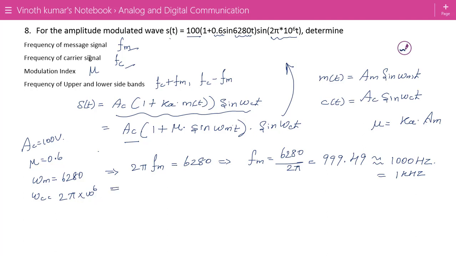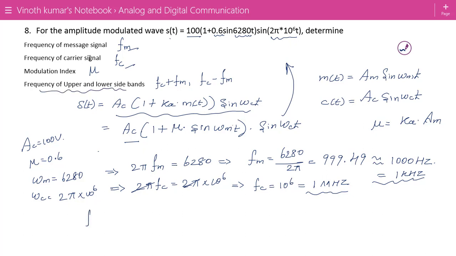And next, omega c can be written as 2 pi fc, which is equal to 2 pi into 10 to the power 6. So the 2 pi cancels, and directly fc is 10 to the power 6, that is 1 megahertz. So we have found fm is 1 kilohertz and fc is 1 megahertz. And next, the frequency of the upper and lower sidebands: fc plus fm.